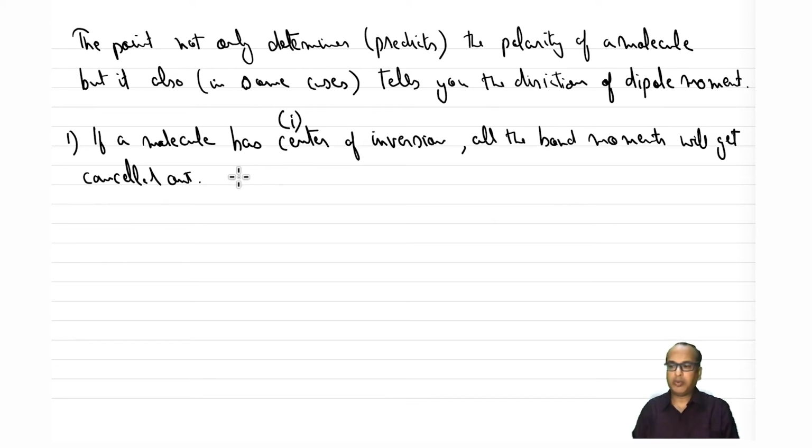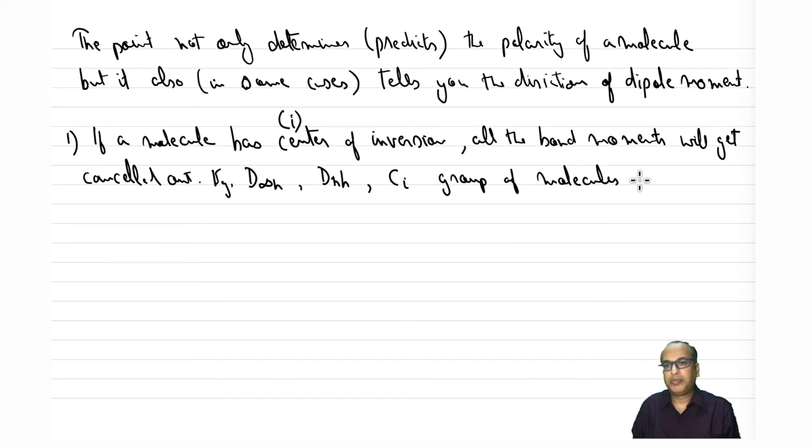So what are the point groups we are left with in such cases? D infinity h, and Dnh, and what else? Ci. These are certain examples. These groups of molecules will not have dipole moments.